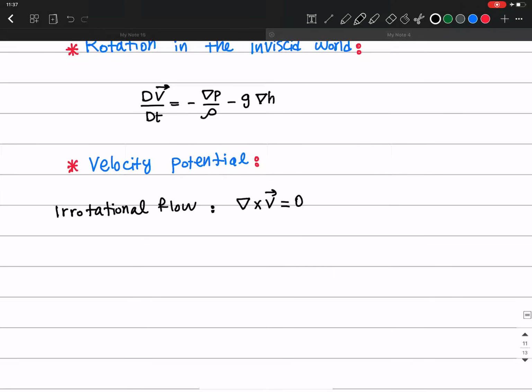For these kinds of flows, from math we know an identity: the curl of a grad is going to be 0. If you take the curl of a grad, it's going to be 0.